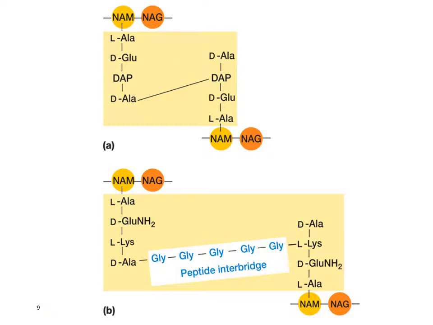In B, we can see a different way in which the peptidoglycan units are cross-linked. And this cross-link is mediated by what's called a peptide interbridge.